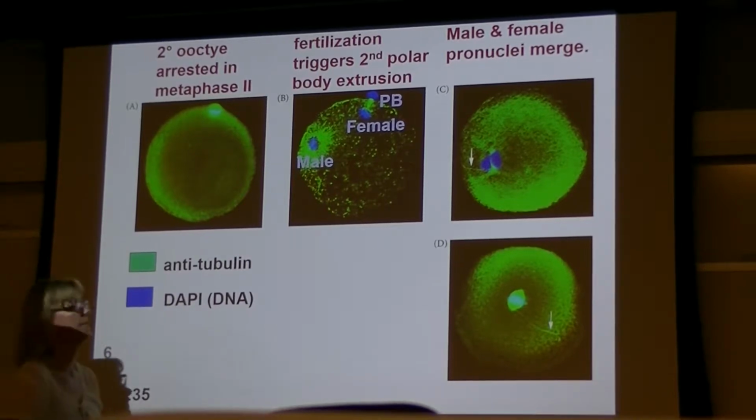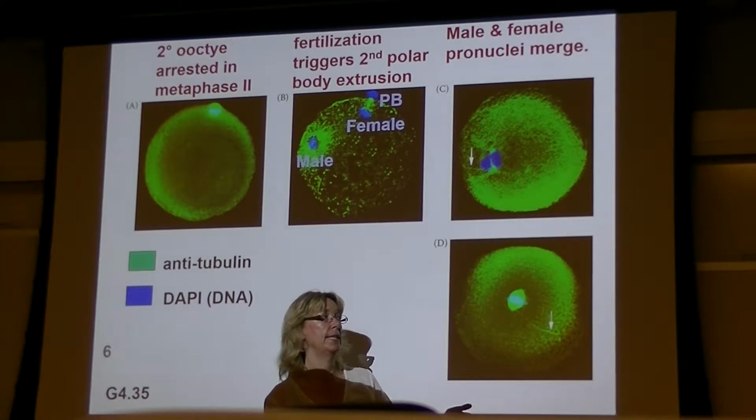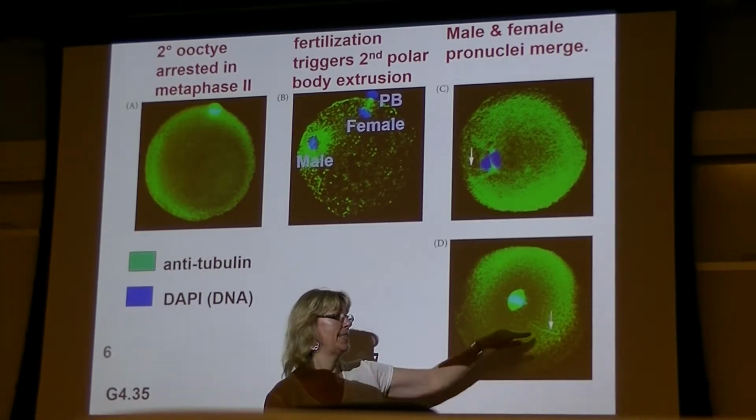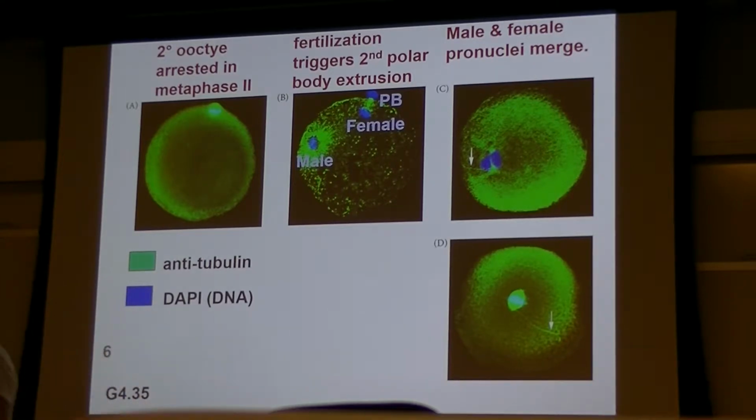Just to point out that the sperm cytoplasm, such as it was, the sperm mitochondria, the sperm centrioles, and the sperm tail, all get encompassed into the interior of this egg cell. The sperm tail eventually is going to degenerate. The centriole persists and becomes part of the mitotic apparatus. The sperm mitochondria all degenerate.